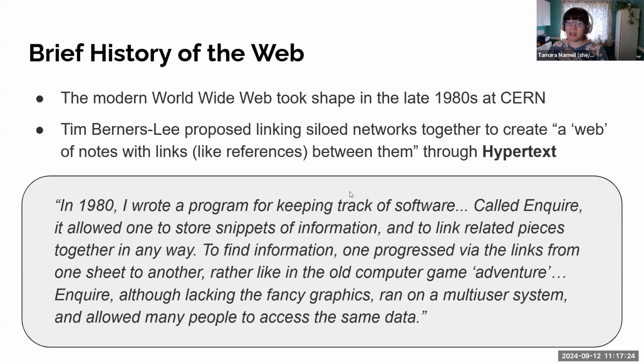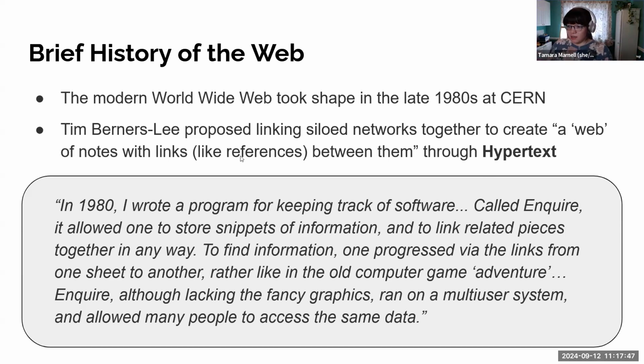We had many siloed networks. A lot of organizations had their own computer networks, their own documentation. And he said, can we link these all together so people can search this wide variety of information that exists? And he called it a web of notes with links, like references between them, using hypertext documents.